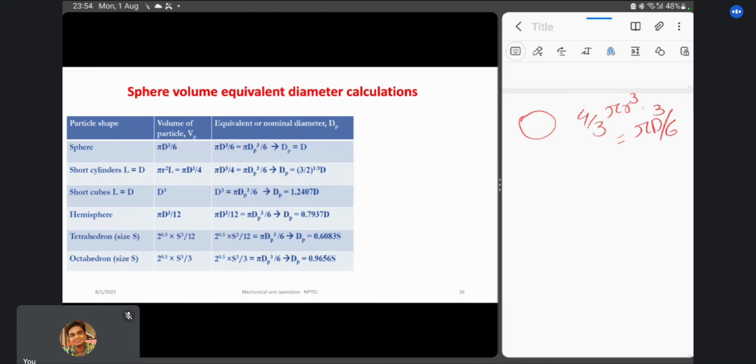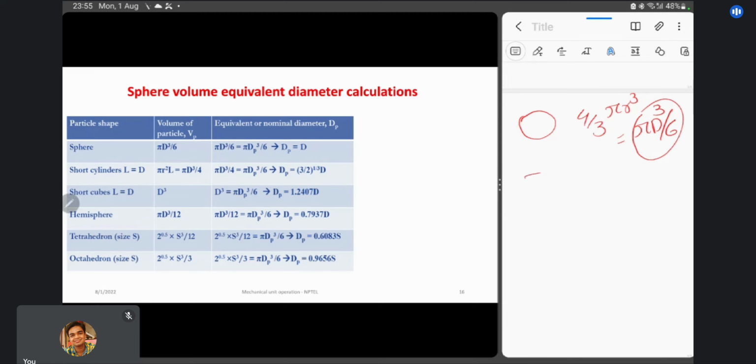This is our standard sphere volume, and all the different kinds of shapes and sizes which we are considering, we are just equating to this sphere volume to get the particle volume in terms of sphere volume equivalent, or obviously the particle equivalent diameter in terms of sphere.